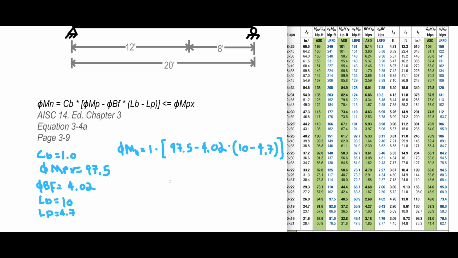And we plug that into our calculator, we're going to get that phi Mn is equal to 76.19. Now, that answer is going to be in kip-feet.